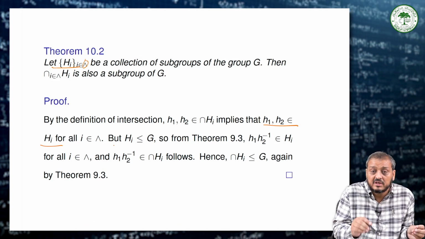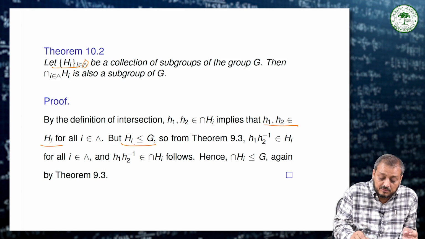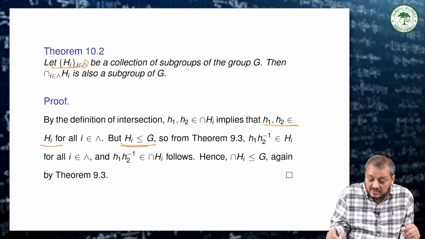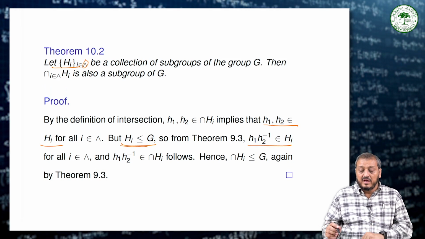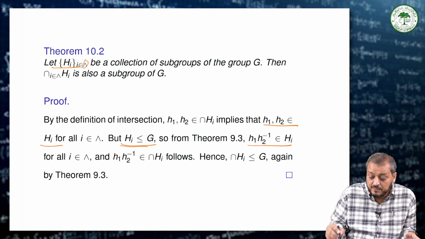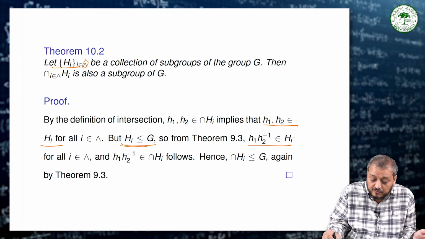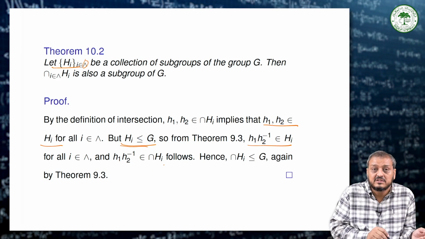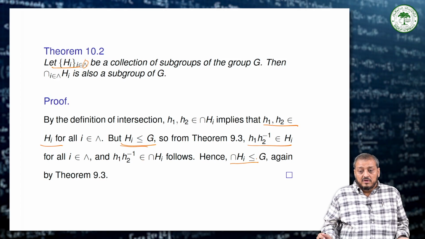But clearly Hi is a subgroup of G. If Hi is a subgroup of G and H1, H2 are elements of Hi, then H1 H2 inverse is also an element of Hi. So H1 H2 inverse belongs to Hi for all I, and therefore H1 H2 inverse belongs to the intersection of the Hi. So we can say that the intersection of the Hi is a subgroup of G.